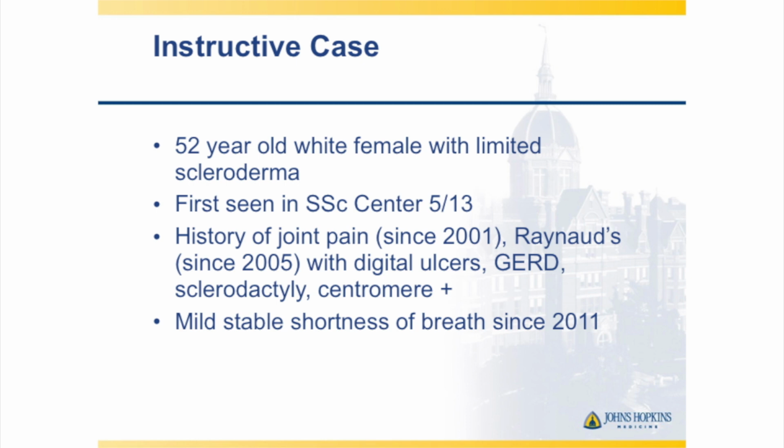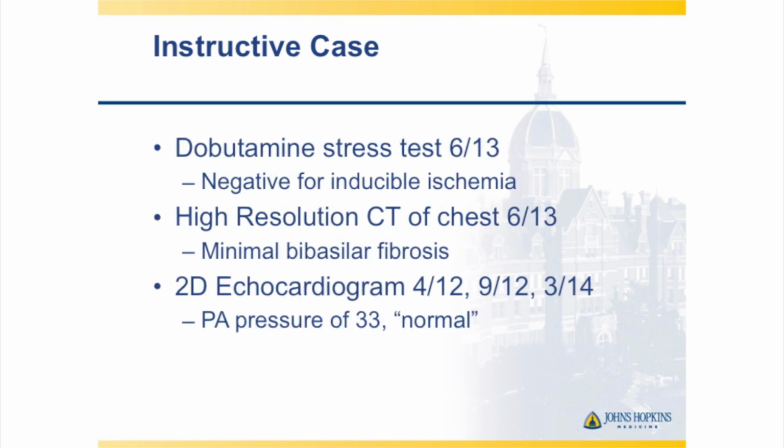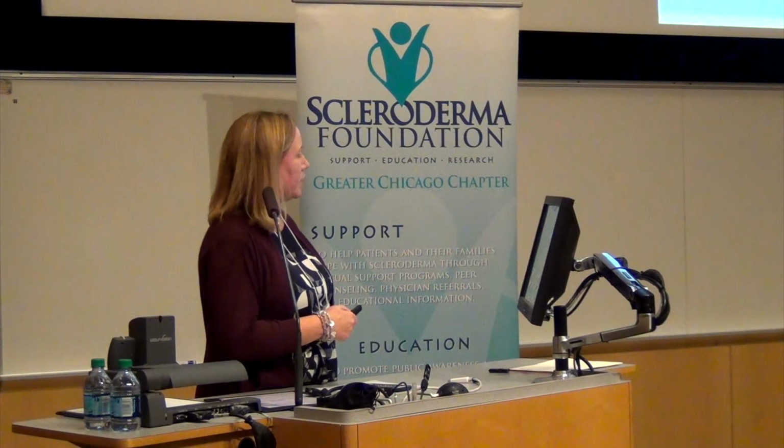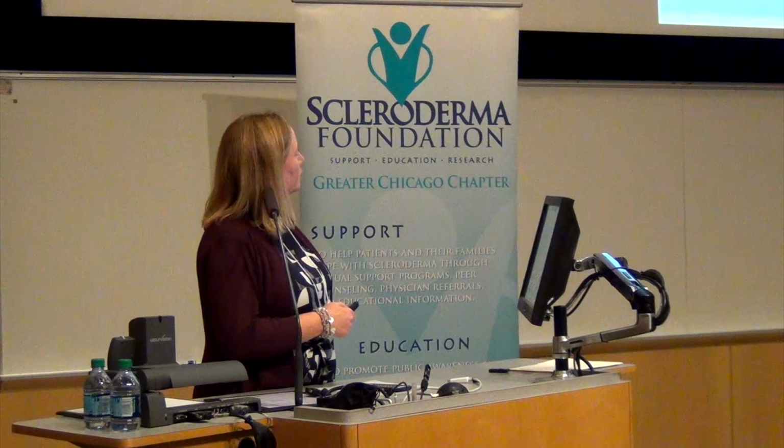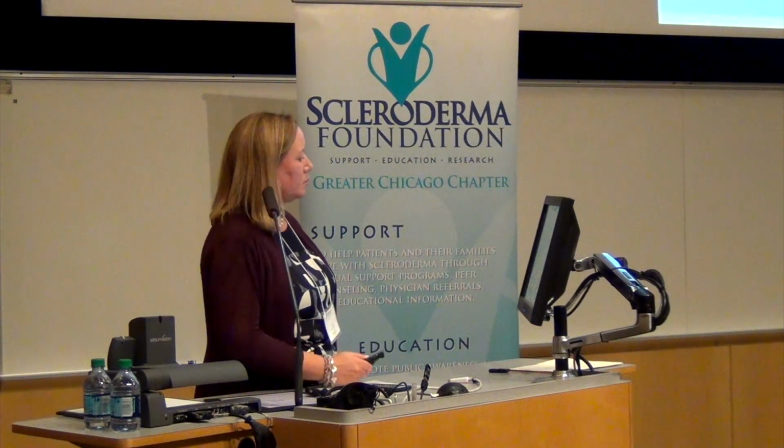But because of the shortness of breath, she went through a series of tests, including a stress test and a CT scan of the lung, and didn't have evidence of heart problems, had very minimal lung scarring, and had echocardiograms done to look at this pressure serially over a 2-year period that suggested the pressure was normal.